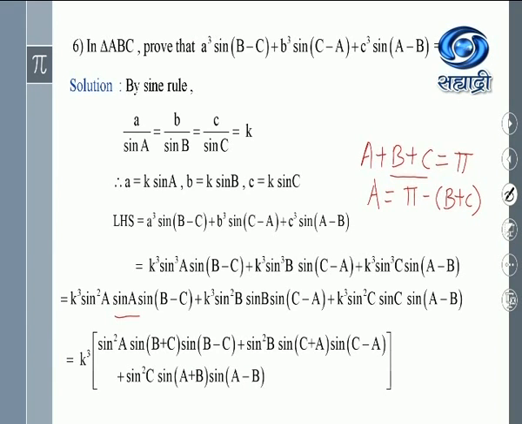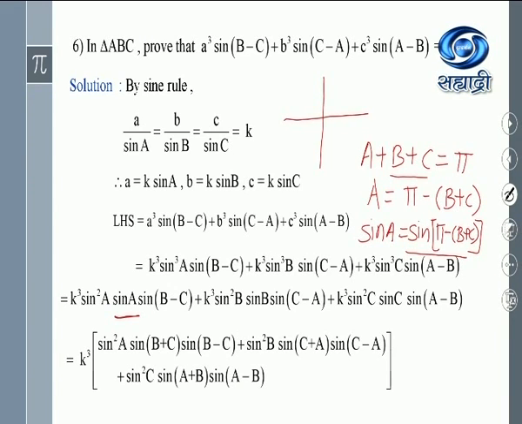Now which trigonometric function do we need? Sine of a. So I take the sine ratio on both sides. So you have sine of a is equal to sine into bracket pi minus b plus c. Okay? But using the rules of allied angles, what is sine 180 minus theta, or sine pi minus theta? That comes in the second quadrant.